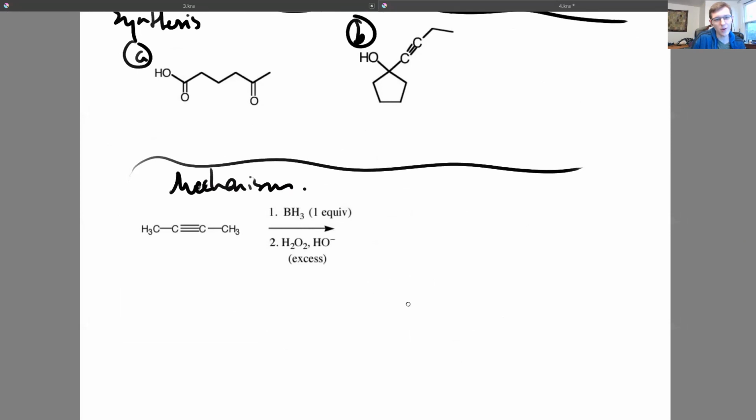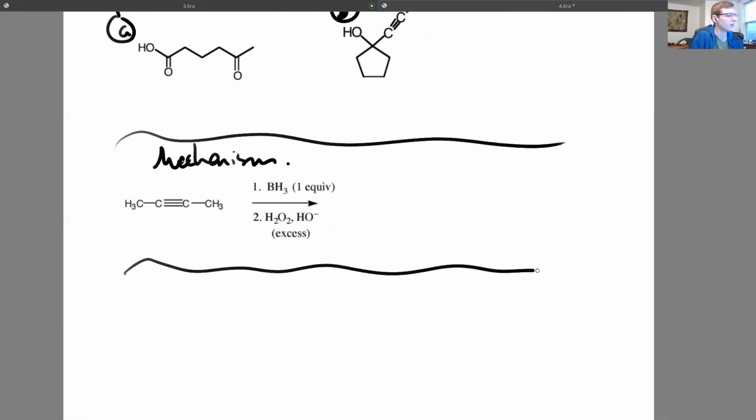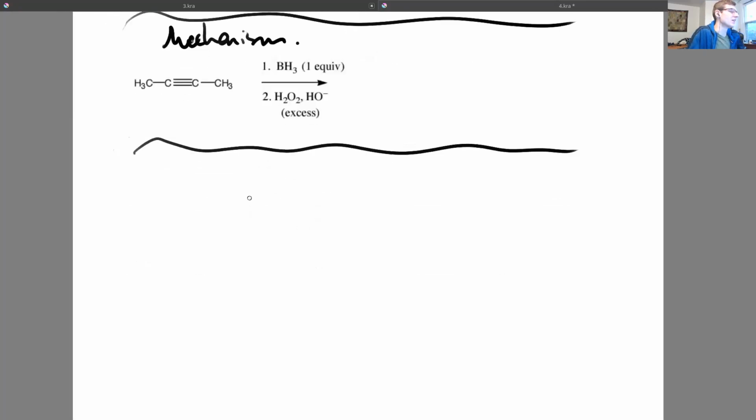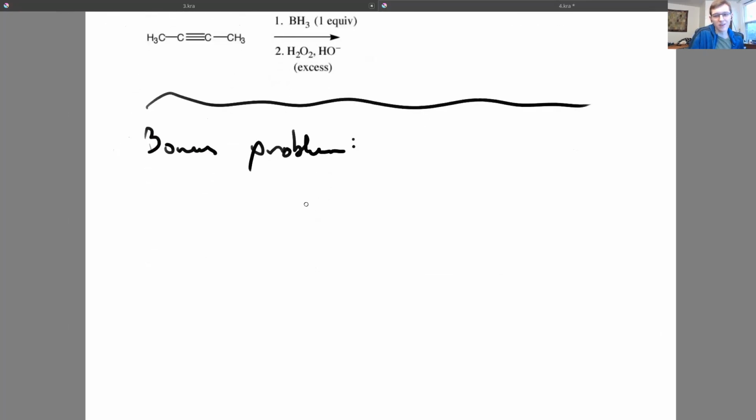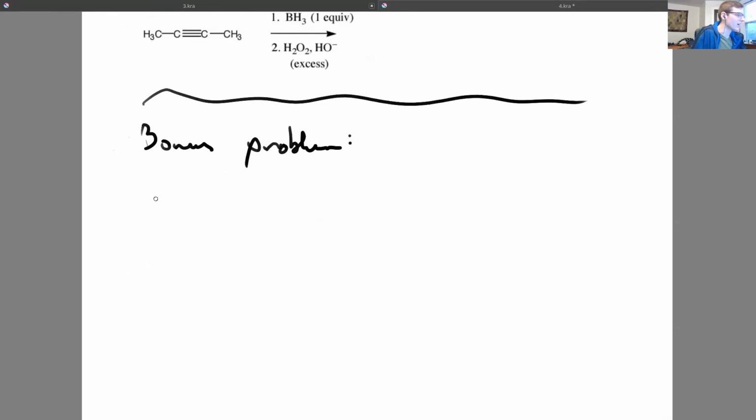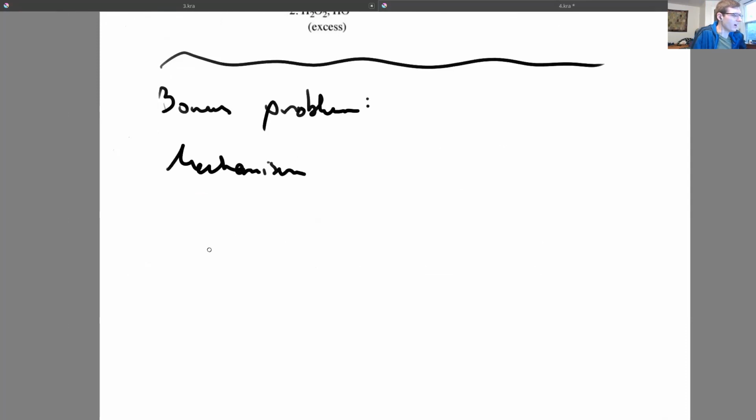We'll talk about both of these problems on Thursday, but there was an extra problem that I found, which I thought was pretty helpful. If you're looking for a real challenge and you thought all these were too easy, here's a bonus problem. Write the mechanism. I'm not going to write out the full problem because if you see the word mechanism, you already know what's coming.